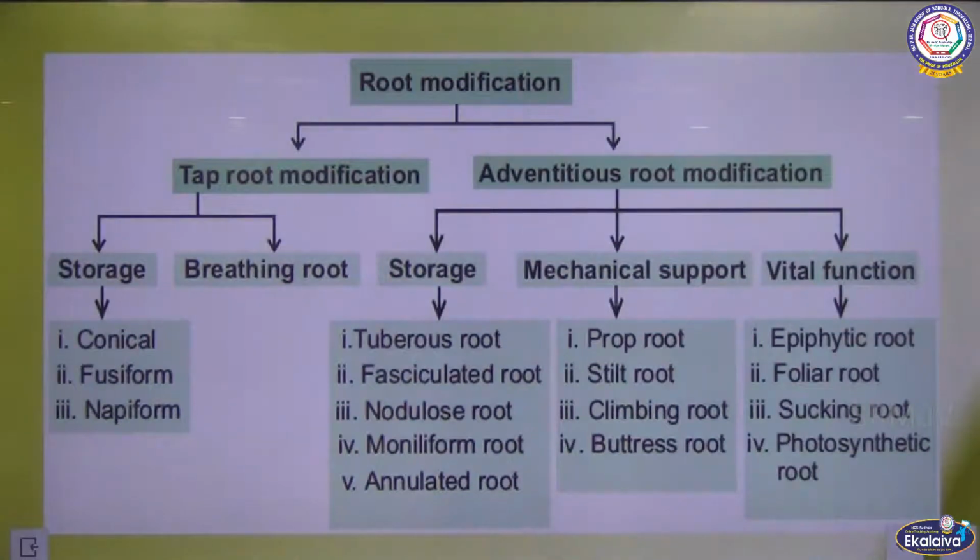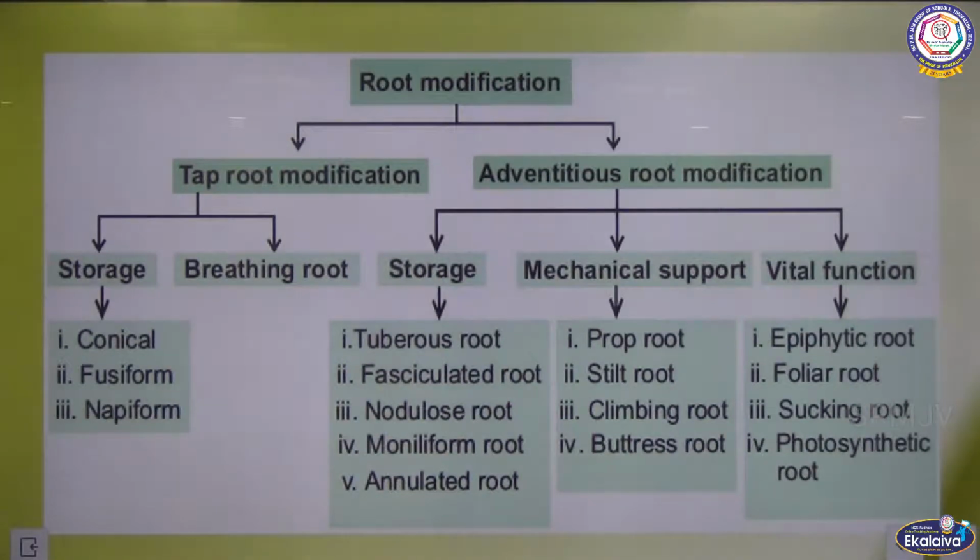Now, we know that the root's primary function is that it helps the plant to fix firmly in the soil, and it also helps in absorption of water and minerals. If the root performs additional functions, then you call it a modification.